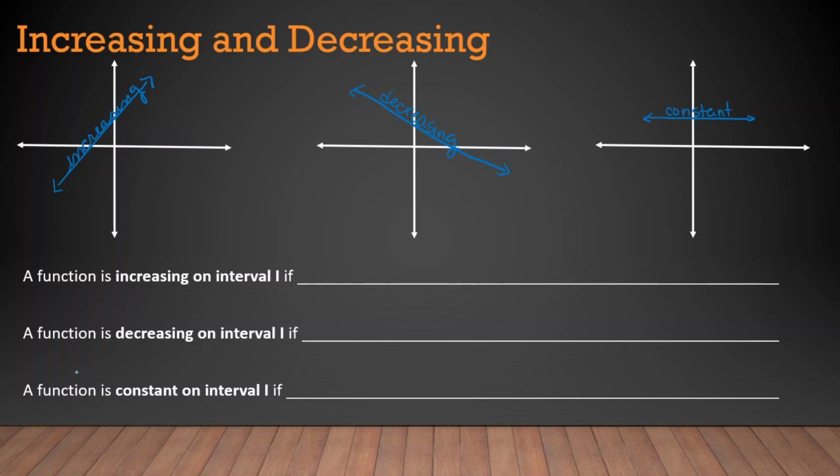Sometimes they do a little bit of all three. And so we want to talk about what it means to be increasing on an interval. So on an interval simply means that if x1 is less than x2, let's pick on our picture here an x1 and an x2.